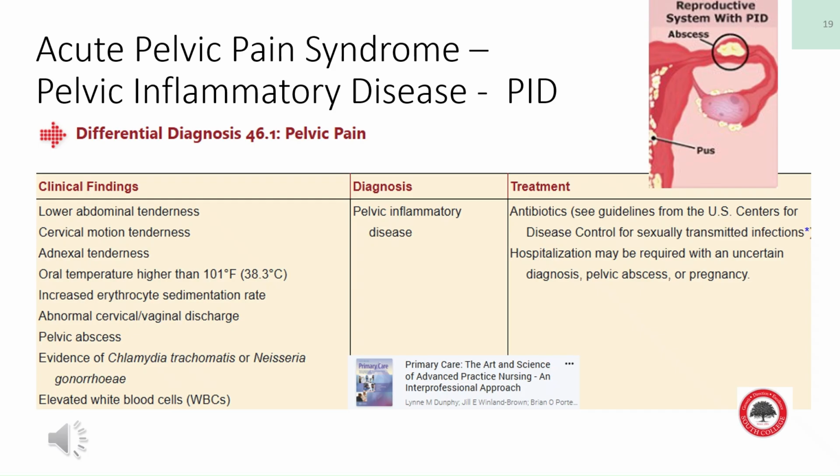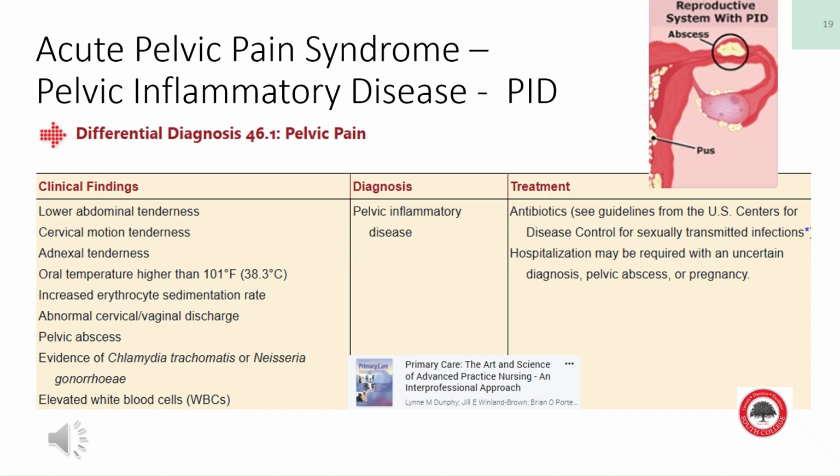PID accounts for approximately 20% of acute pelvic pain in females, and ovarian cysts for up to 40%, adnexal torsion about 16%, and 10% of patients who report acute pelvic pain may have extra pelvic disease such as appendicitis.